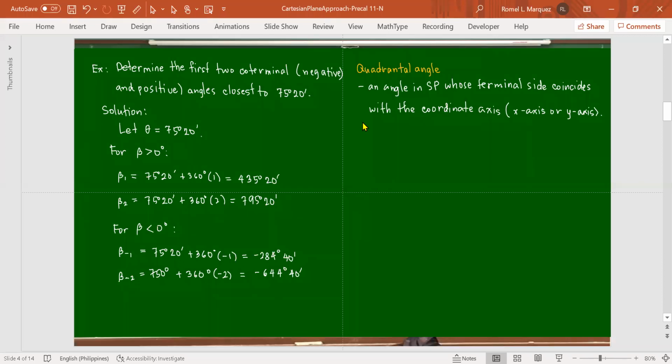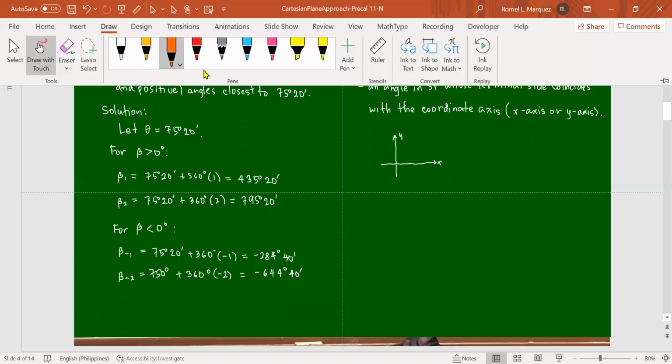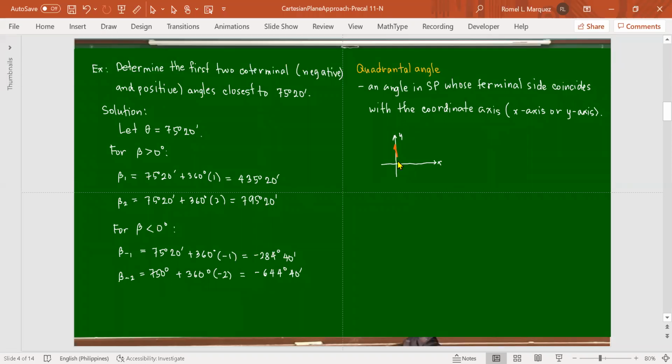So again, a quadrantal angle is any angle in standard position whose terminal side coincides with the coordinate axis, either the x-axis or the y-axis. So for instance, like what one of you told, 90 degrees is an example of a quadrantal angle.